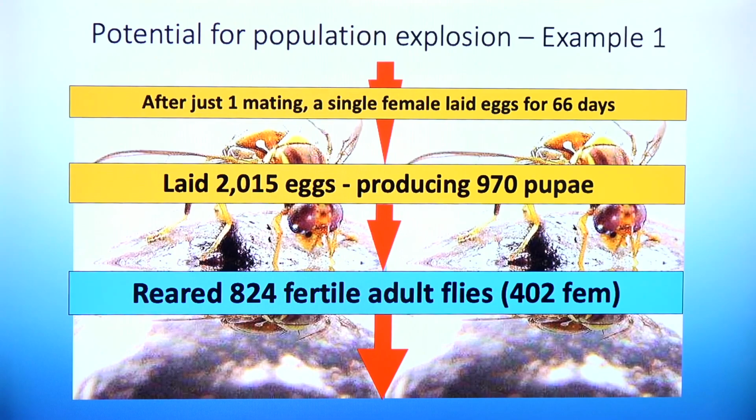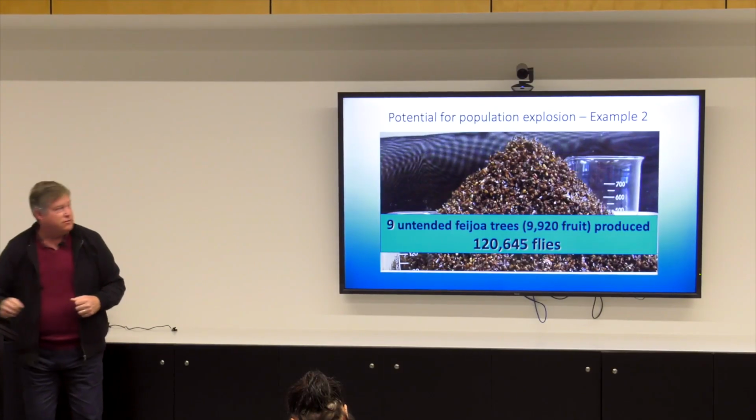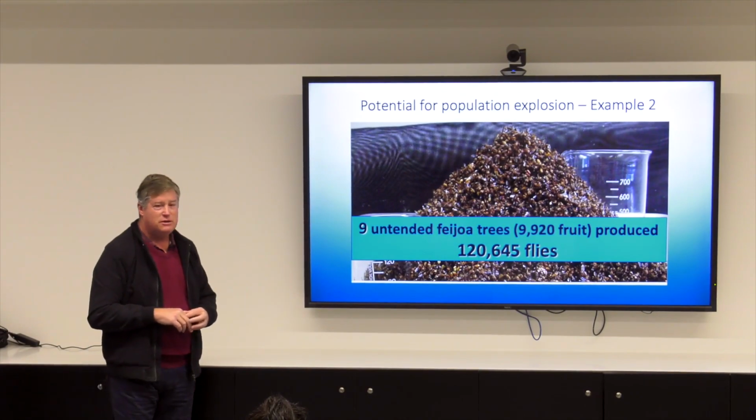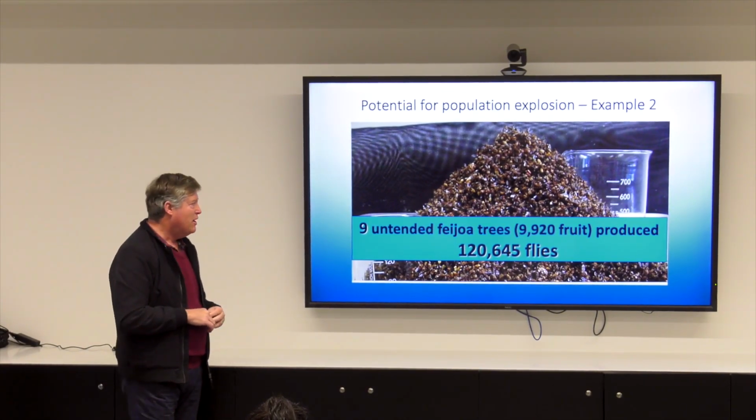That's why getting onto fruit fly early is the thing to do. As another example of that sort of thing, we had 9 untended feijoa trees, about 2 metres high each.